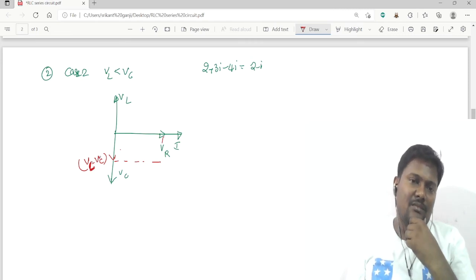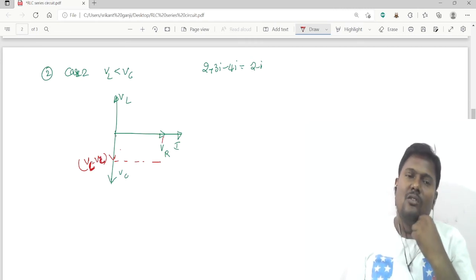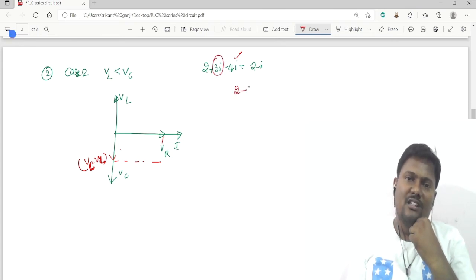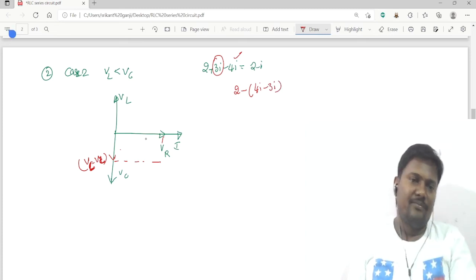Why? Because from this VC I am subtracting, this means 2 minus of 4i minus 3i, I can write it as.